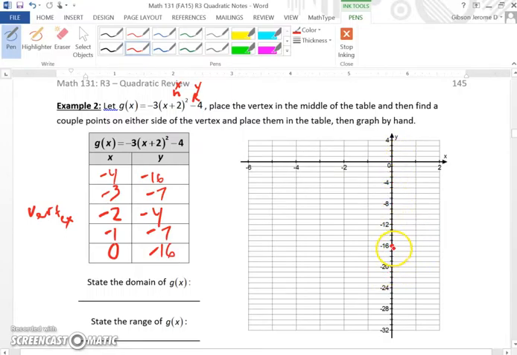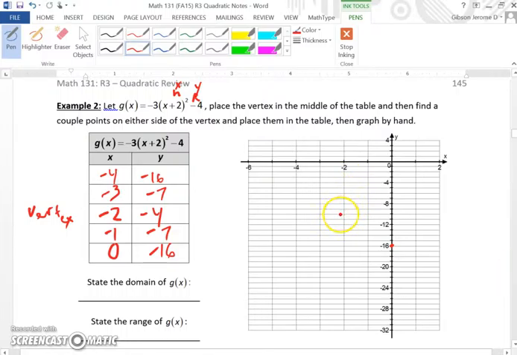Now, sometimes these points disappear. I don't know why, but sometimes they will disappear. So you need to mark them as I mark them. So you have 0, negative 16. You have negative 1, negative 7, which would be about here. Then you will have negative 2, negative 4, which is here.